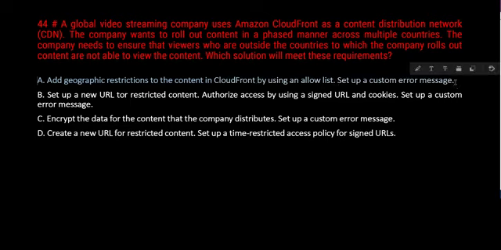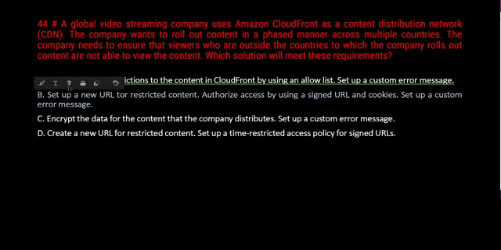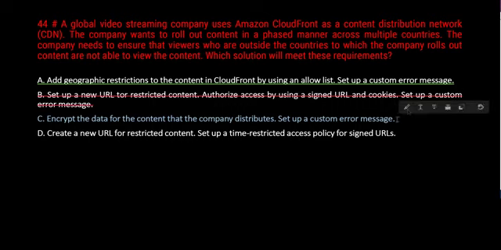So in CloudFront, you can use an allow list. In the allow list, you can mention the list of countries, etc., to allow for that content or not. So that is what we will use. We won't use this option. And then, encrypt the data for the content that the company distributes. This definitely doesn't work because it has nothing to do with restricting specific content.